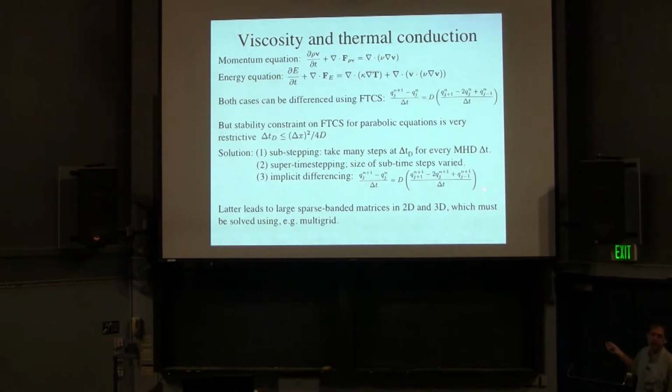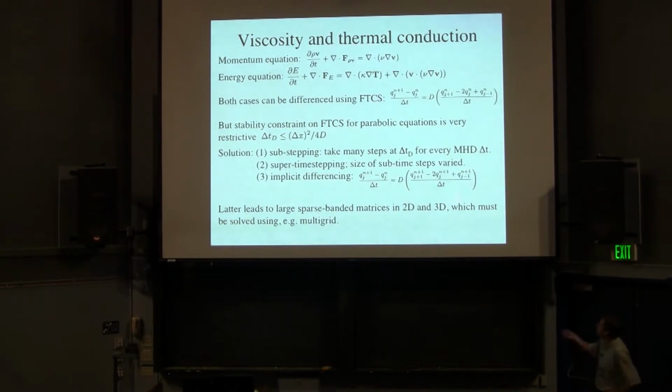And in 2 dimensions, there would be equivalently k minus 1, k plus 1. And in 3D, you'd have yet another term. You'd have a 3-point molecule in 1D, 5 in 2D, 7 in 3D. And so that leads to a large sparse-banded matrix that you have to solve.